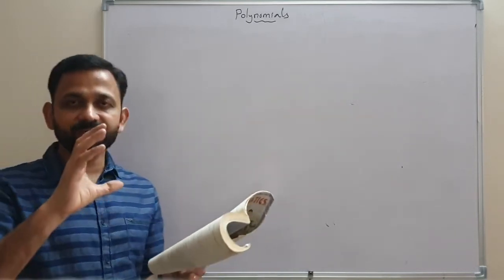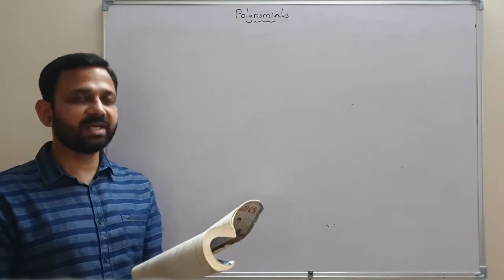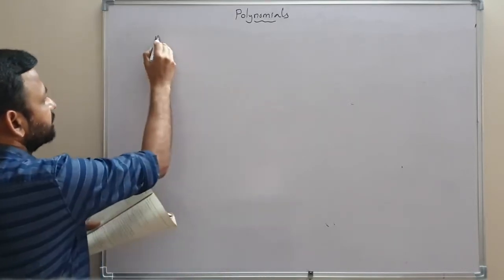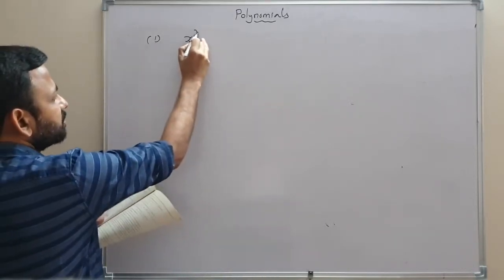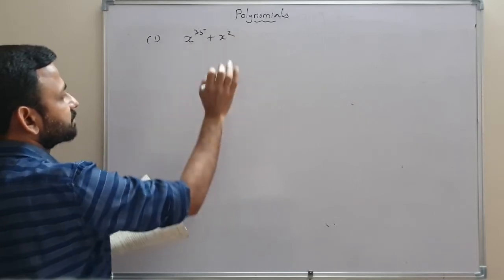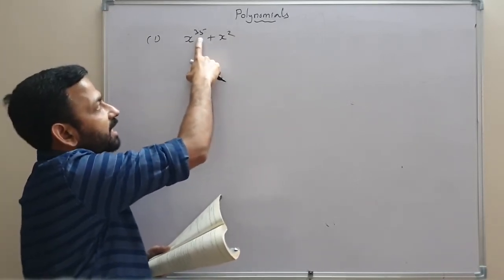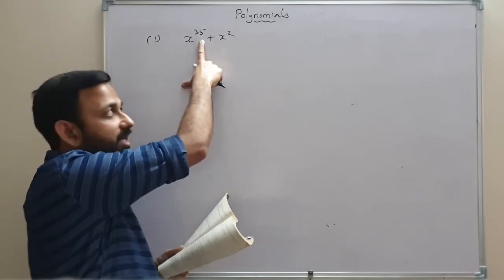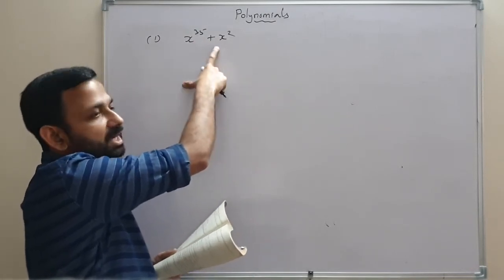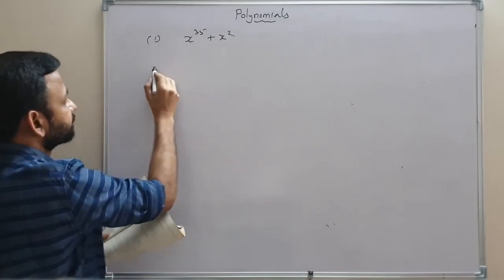Binomial means we have two terms, and the degree should be 35. So we can write x raised to 35 plus x square. We have two terms, so it's a binomial, and the highest power is 35. So this is a binomial of degree 35.